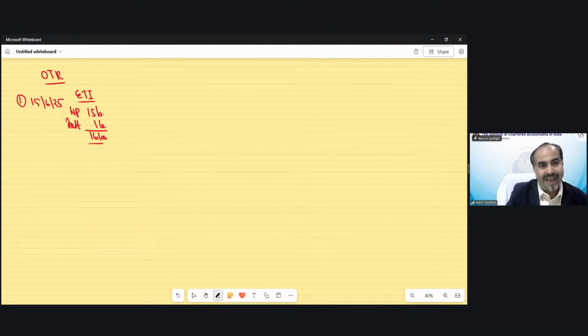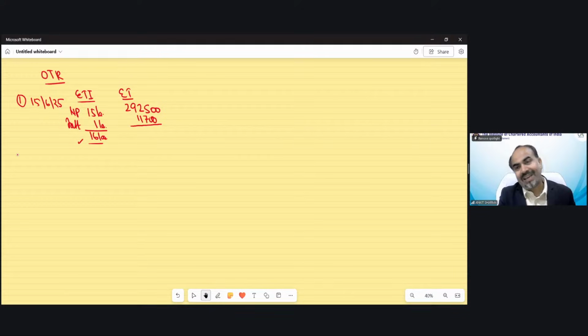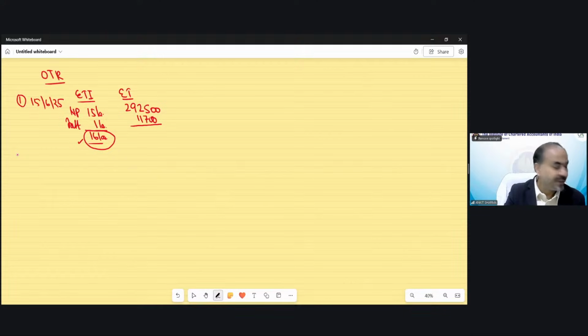Now, as per slab, estimated tax on this 16 lakh would be approximate. This would be, I guess, the correct calculation I have made. You can recheck it later. 190 to 500, then cess would be 11,700. Let me tell you again, normal tax calculation you have to do. Cess, surcharge, rebate, whatever is applicable, you have to assume that this is your total income and calculate tax upon it. So this is 3 lakh 4,200.